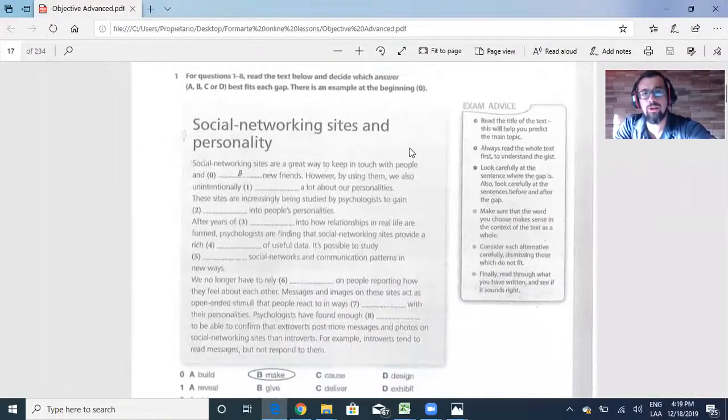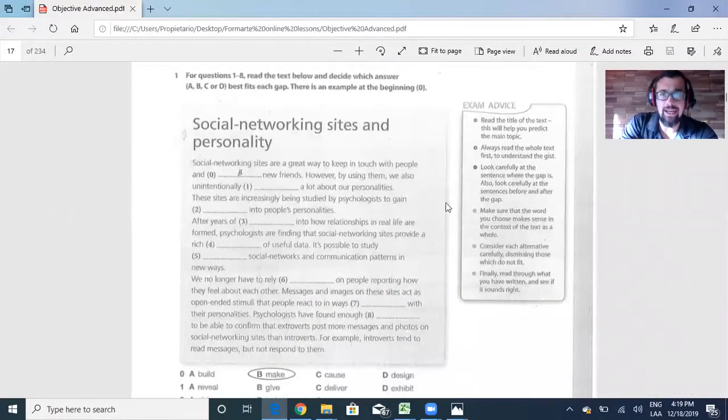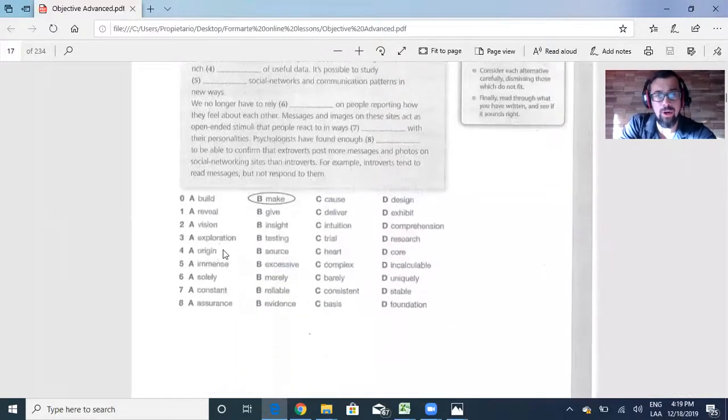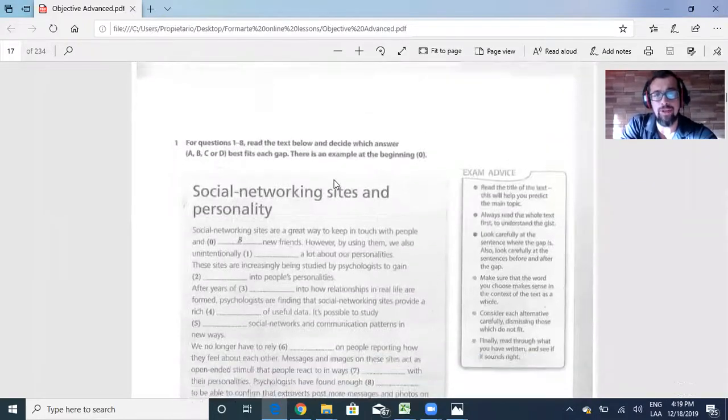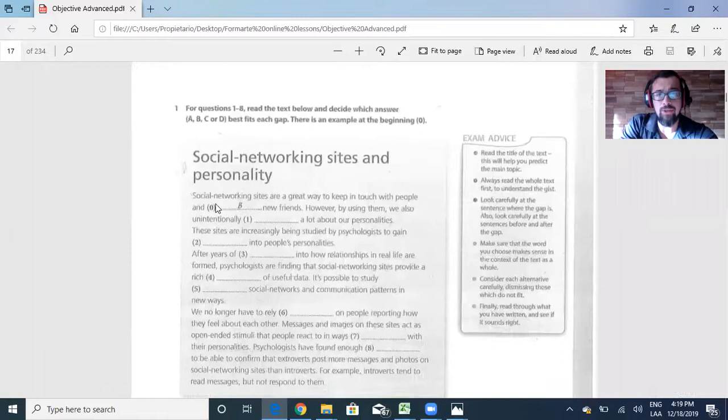Okay, so you're gonna have a whole text with some gaps for you to fill in, and you will see from 1 to 8 you need to choose A, B, C, or D. So for example, they give you an example here, number 0. Okay, so it says social networking sites are a great way to keep in touch with people.